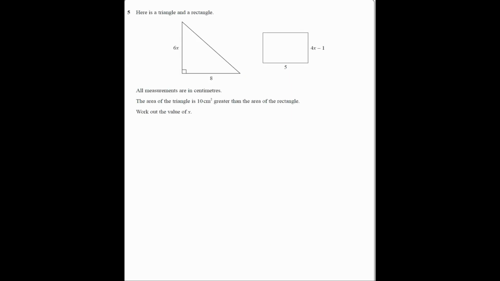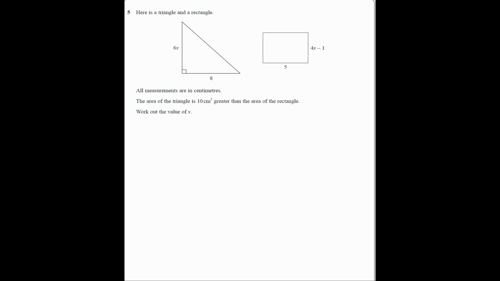To the next question, question number 5. Here is a triangle and a rectangle. All measurements are in centimeters. The area of the triangle is 10 centimeters square greater than the area of the rectangle. So in this question, we first have to find out the area of the triangle.